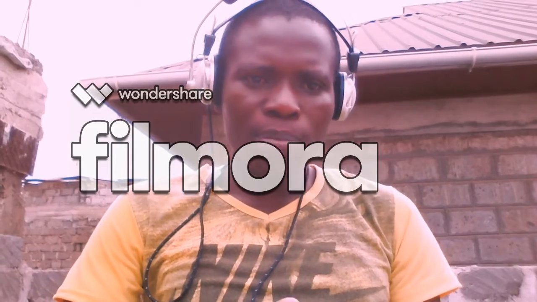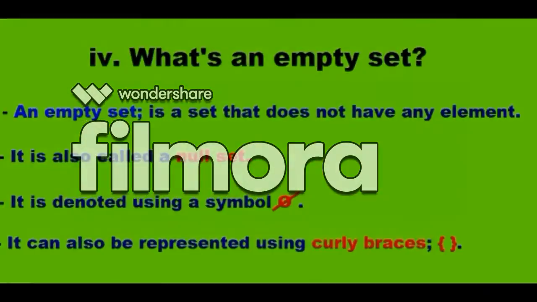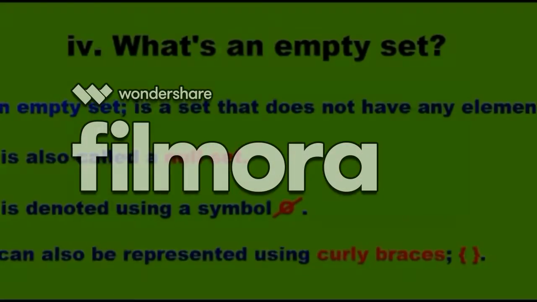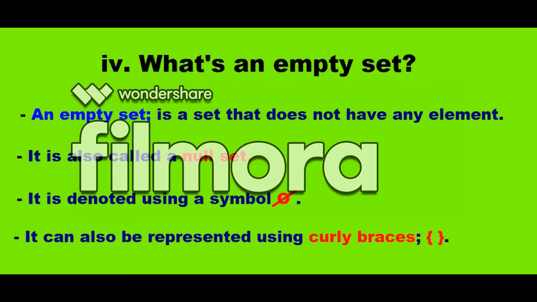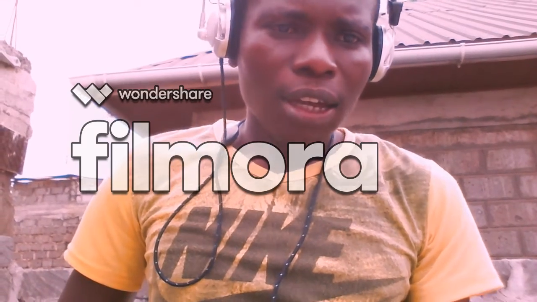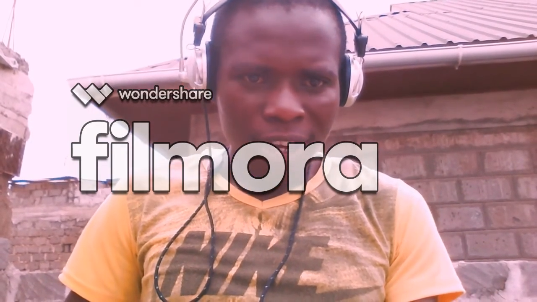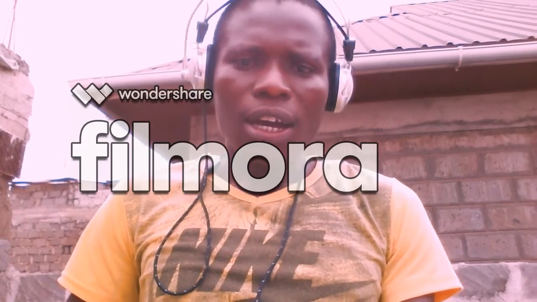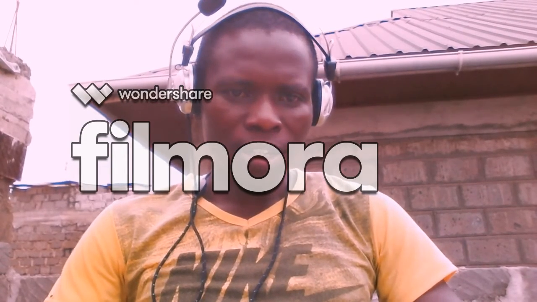The next type of set, and the very last type of set, is what we are calling the empty set. What is the meaning of the term empty set? Now, an empty set is also called a null set, and it is a set that does not contain any element, and that's why it is called an empty set.